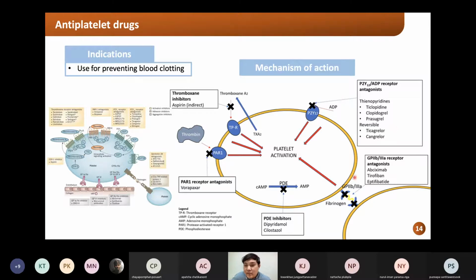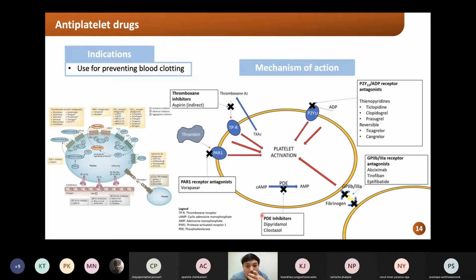And some other types of anti-platelet drugs inhibit the GP2B3A receptor, for example abciximab or tirofiban, which inhibit this kind of receptor that binds one platelet to another and forms fibrinogen, which acts like a hair that can gather every compound or protein component together to form a clot.